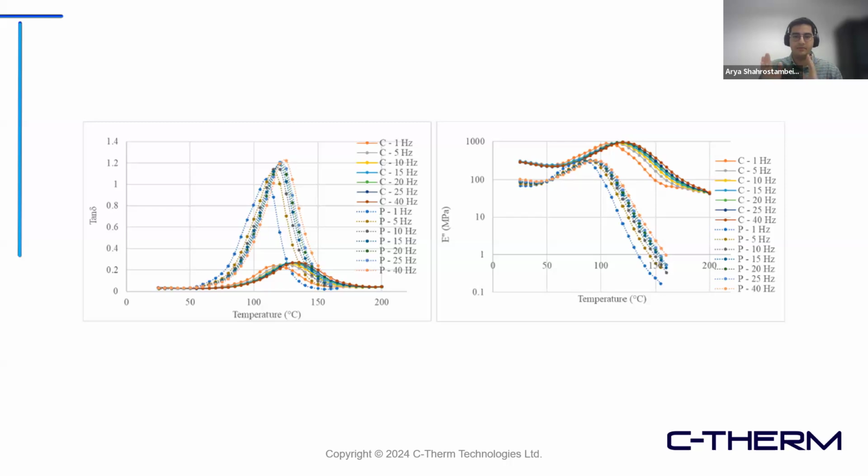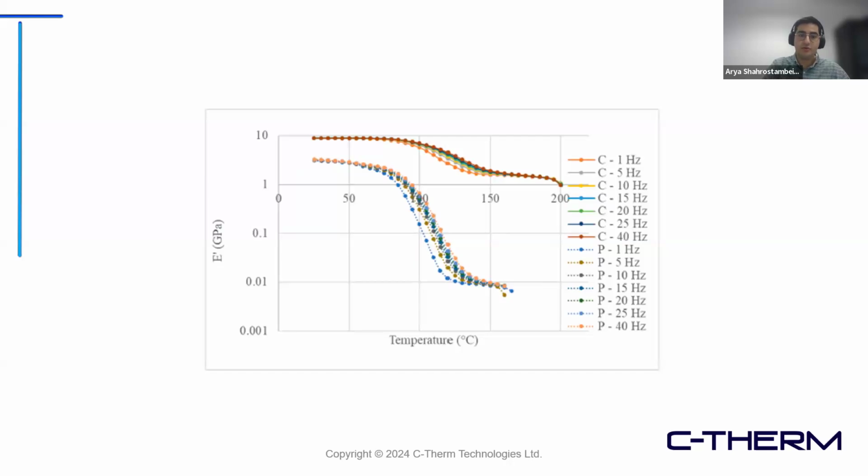You might be asking what the difference is between these two peaks. As I mentioned before, tan delta is the most accurate way to measure the glass transition temperature, because it's the most sensitive parameter that you can obtain from your measurement.